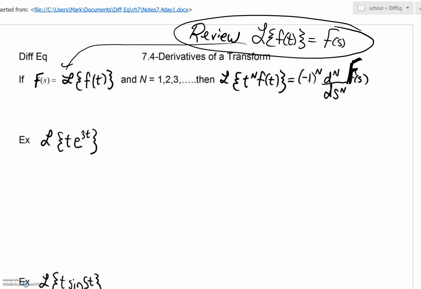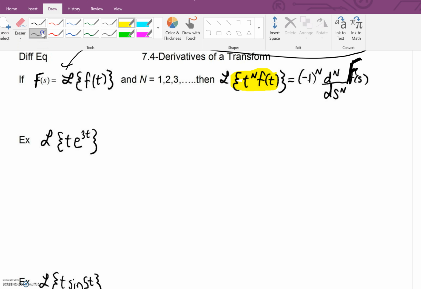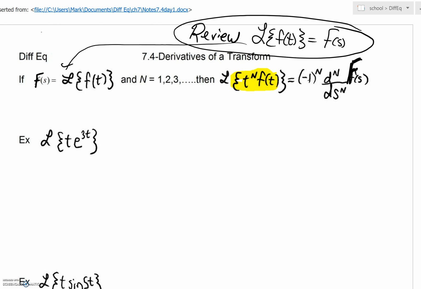What if, just like before, instead of just doing a transform of f of t, what if now we wanted to throw in another function multiplied to f of t? In other words, it's t to an n power.